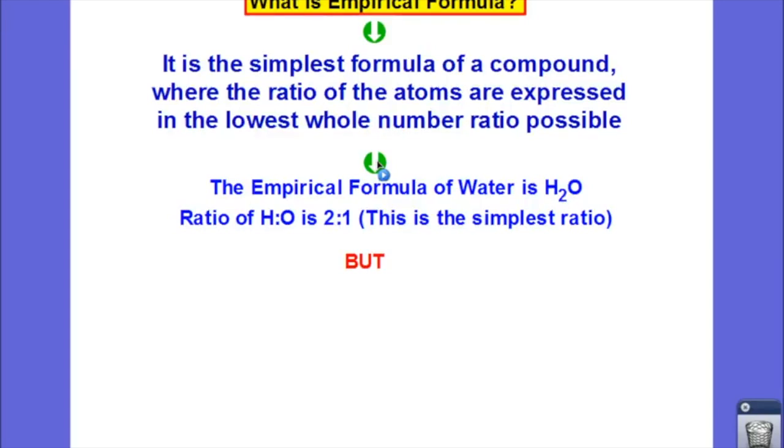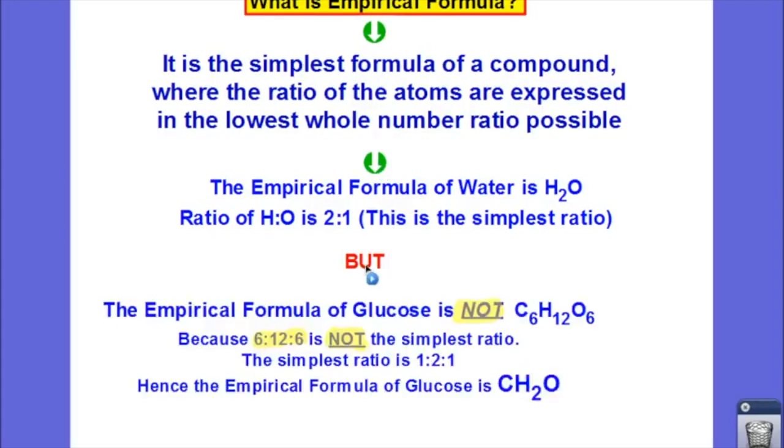So the molecular formula in this case is the same as the empirical formula. But the empirical formula of glucose is not C6H12O6, because those are not the simplest ratio. The simplest ratio is CH2O.